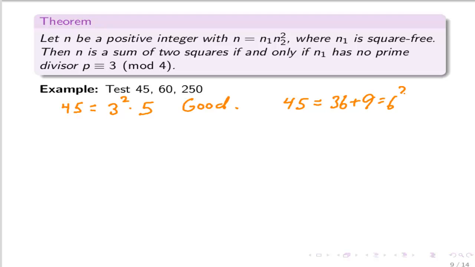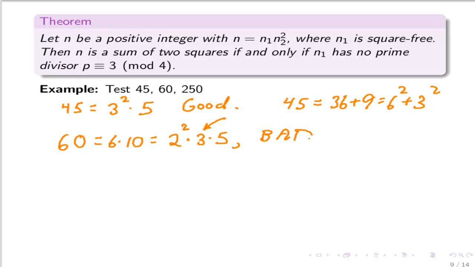So 6 squared plus 3 squared. Now take 60. 6 times 10, 2 times 3, 2 times 5, so 2 squared, 3 times 5. 3 is the bad prime, and it occurs to an odd multiplicity. So that's bad. 60 is not a squared plus b squared. And you can convince yourself of that with a little trial and error.